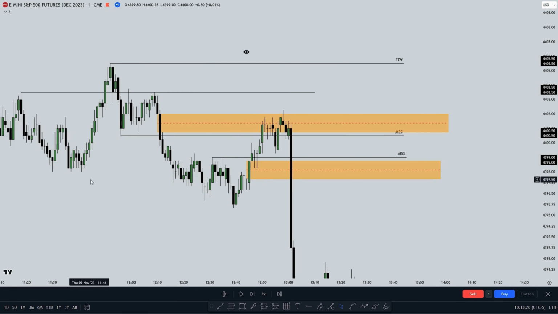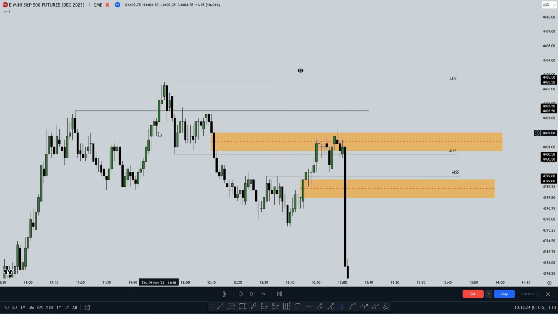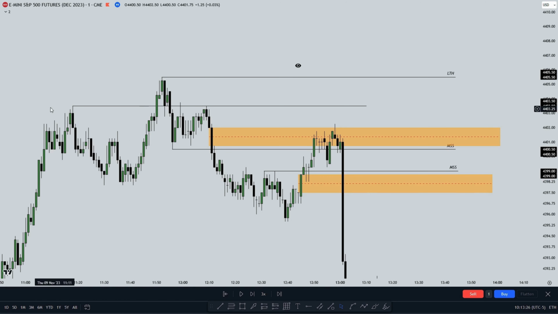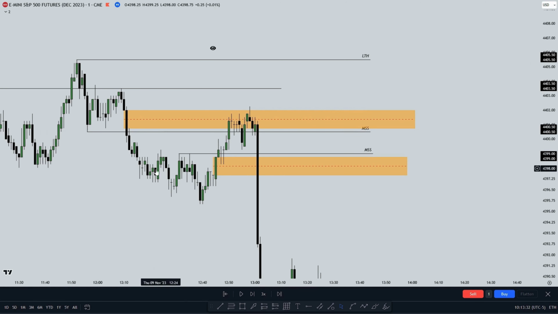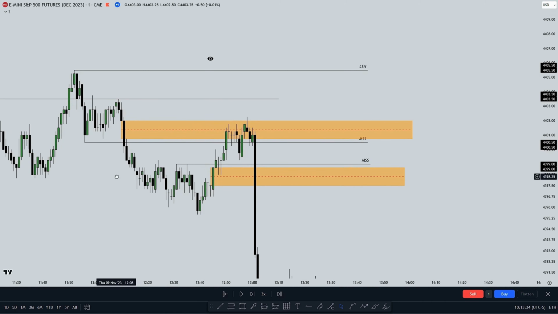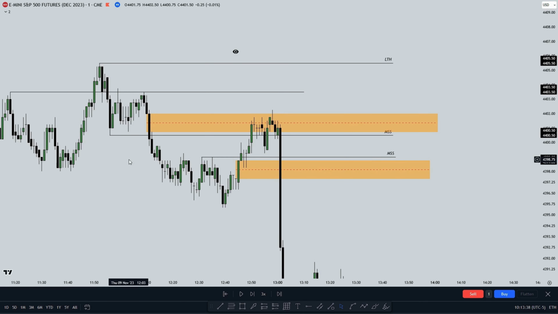So just to give you a brief recap of what just happened, price comes up and takes out this old high. Then we get a large expansion to the downside, creating a market structure shift with a fair value gap confirming this market structure shift, also confirming that this high up here is a long-term high.